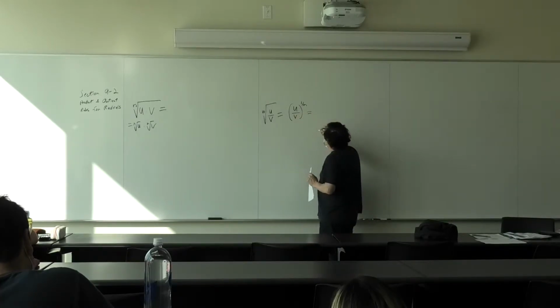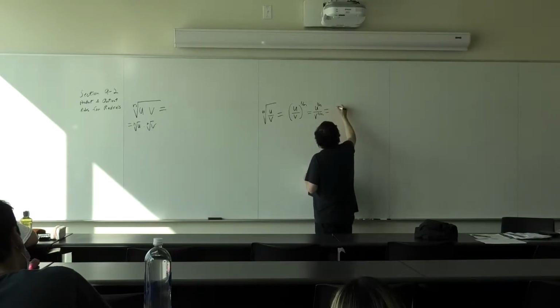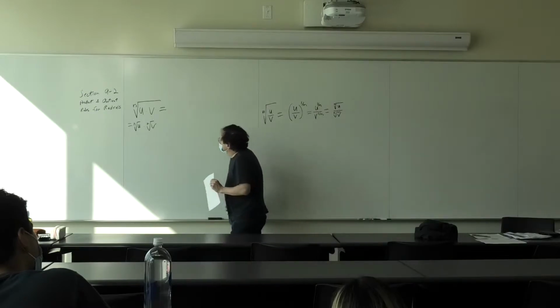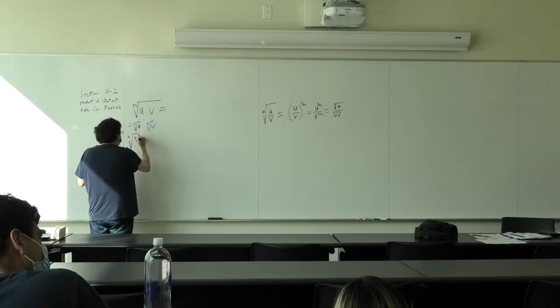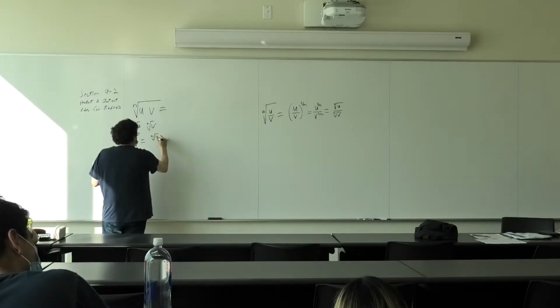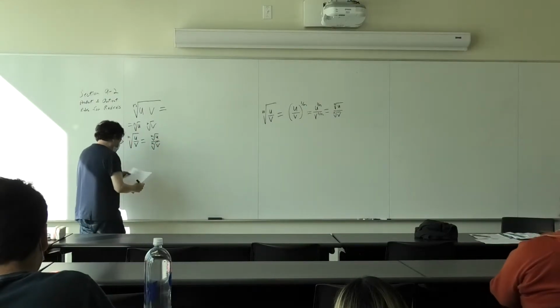And again, according to our rules of exponents, that's u to the 1 over n over v to the 1 over n. So it's the nth root of u over the nth root of v. So let me write that down. The nth root of u over v equals the nth root of u over the nth root of v.